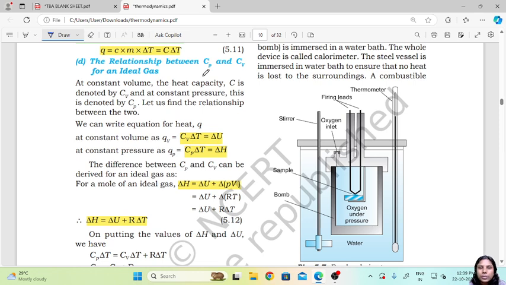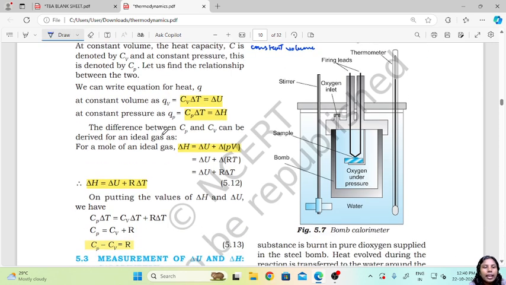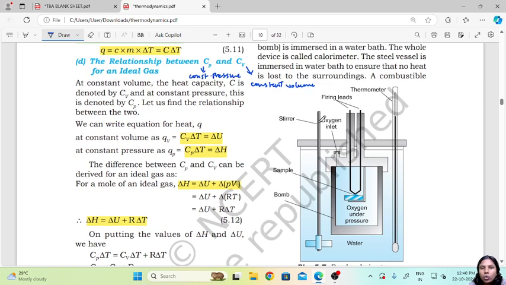When we have a subscript P, it means that it is the heat capacity at constant pressure, and Cv is the heat capacity at constant volume. Now let us find what is the relation between these two quantities that are given here.